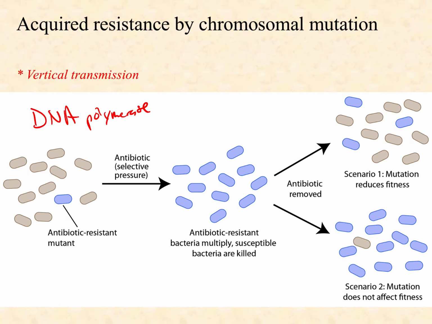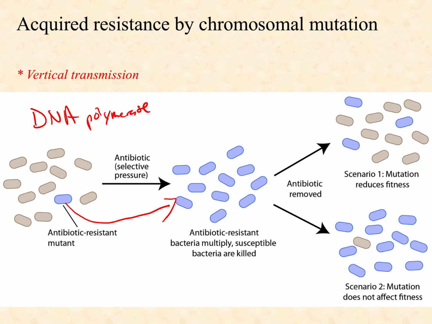And we end up with a resistant population because the selective pressure kills all those cells within that population that don't have the mutation, and only the one that survives, in this case the blue one, can repopulate. And so now we've gone from a population that was largely susceptible to one that's completely resistant due to first errors in DNA polymerase followed by binary fission.